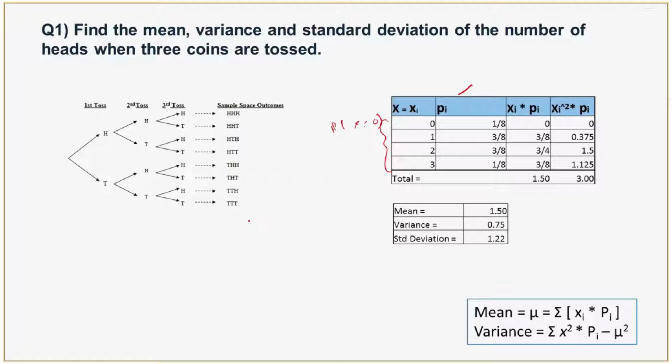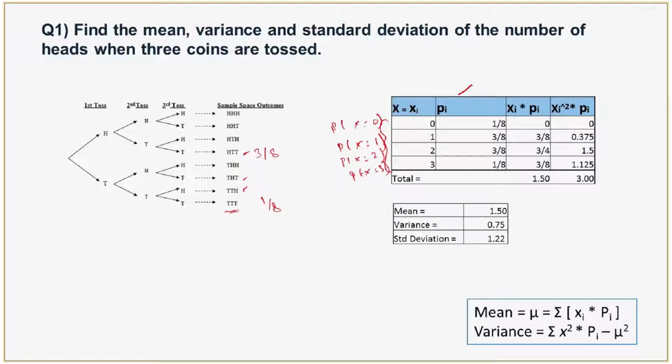Because there is just one occurrence, TTT, out of all the 8 occurrences. So this will be 1 by 8. Likewise, why 3 by 8 for P of X equal to 1? Because you have 3 values out of 8. Similarly, 3 values out of 8 for P of X equal to 2, and 1 out of 8 for P of X equal to 3.